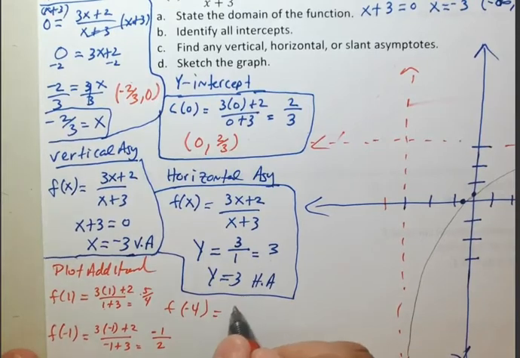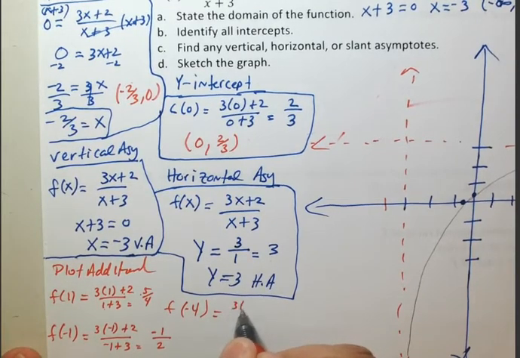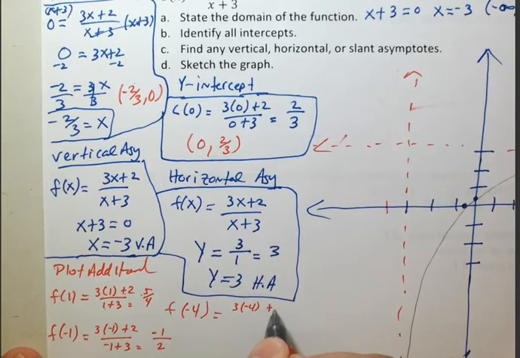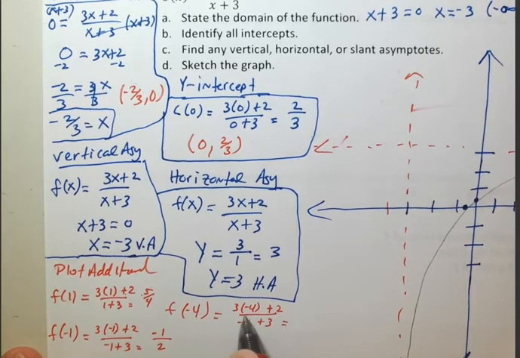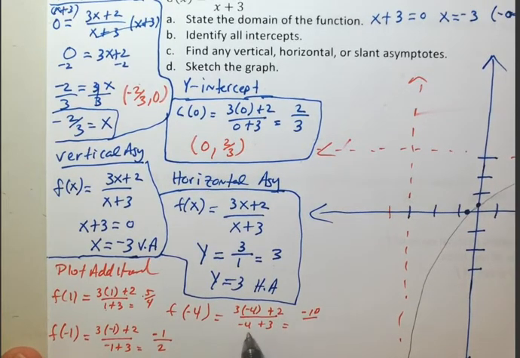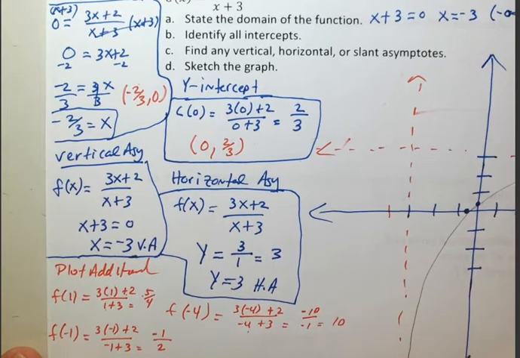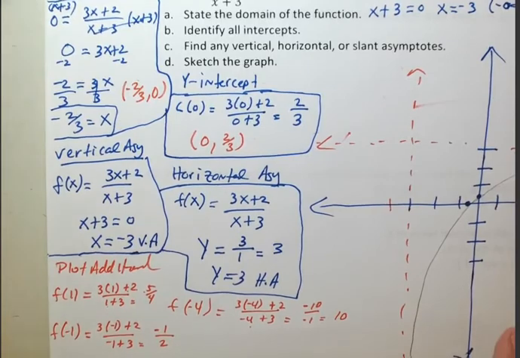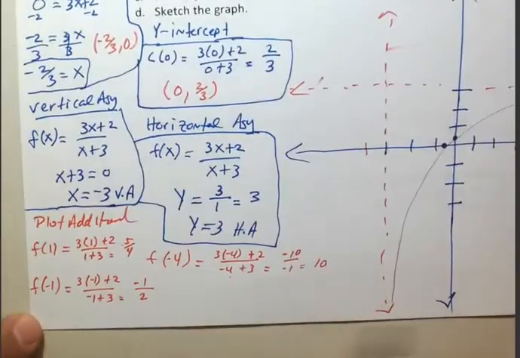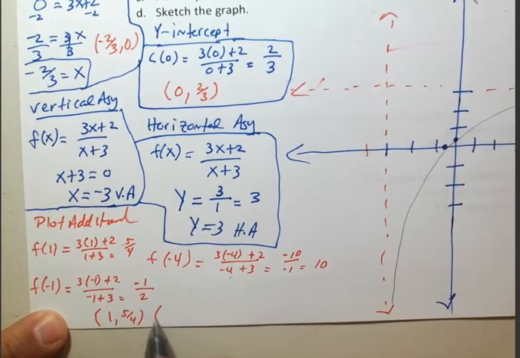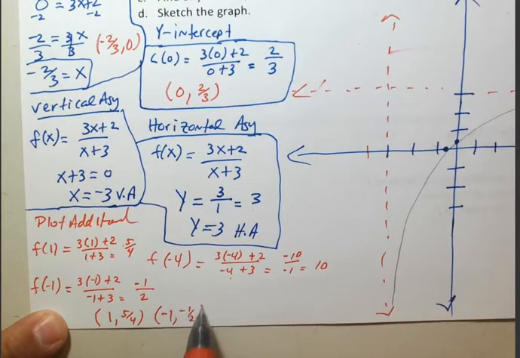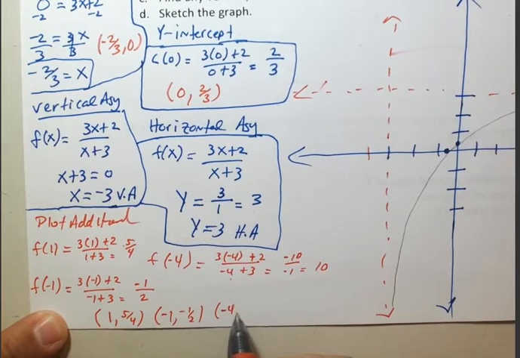And then negative 4 would be 3 times negative 4 plus 2, divided by negative 4 plus 3. That's negative 12 plus 2, negative 10, divided by negative 4 plus 3, negative 1, so we get a positive 10. So the additional points that we got here are 1 and 5/4, negative 1 and negative a half, and negative 4 and 10.